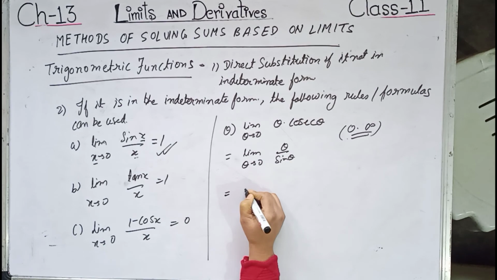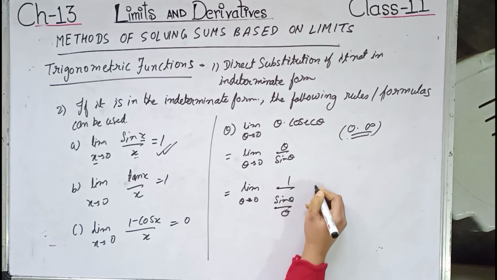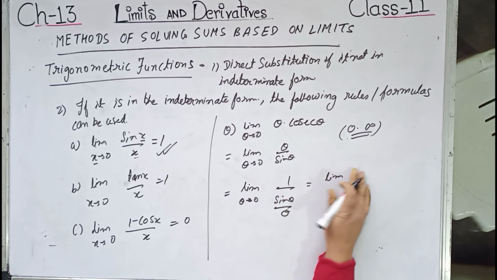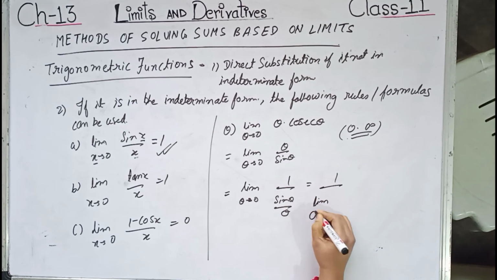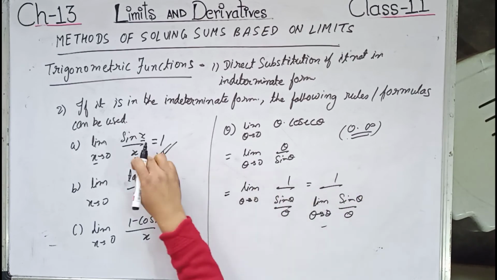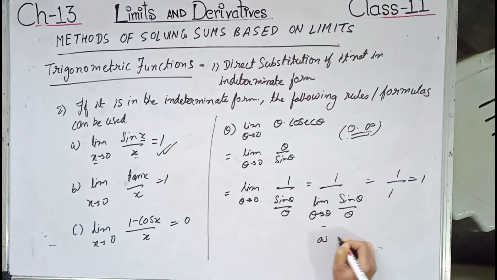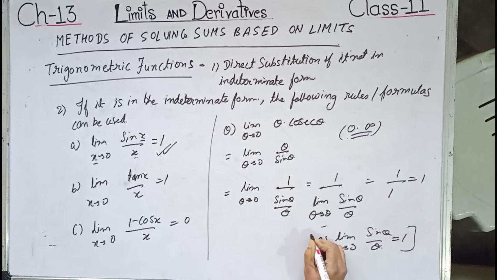So now I can write this as limit theta tending to 0 of 1 by (sin theta by theta). By the algebra of limits rule, this will be equal to 1 by limit theta tending to 0 sin theta by theta. Now I can use this formula and write 1 by 1 equals 1. And if you feel like writing the formula, you can write limit theta tending to 0 sin theta by theta equals 1.